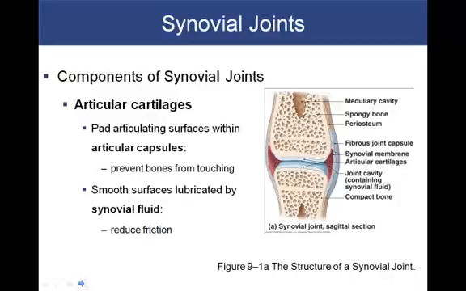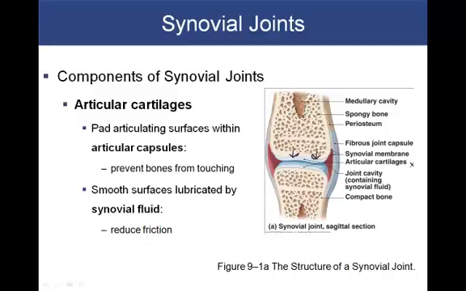There are a lot of components of this capsule, and we'll start with the articular cartilages. The articular cartilages are the cartilaginous pads that line the ends of the long bone. Here we have it right here. And between these two pads, we find a fluid known as synovial fluid.